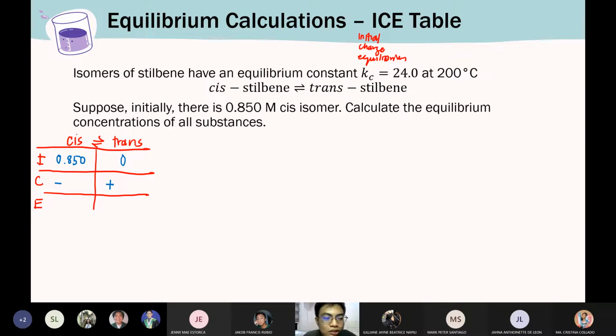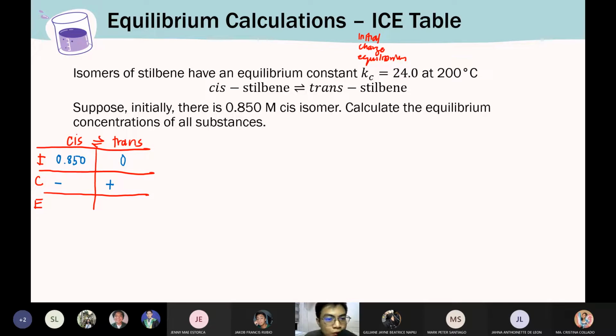Now we know the direction of the reaction is to the product side. The big question is, by how much will they change? Gaano karami mababawas? Gaano karami madadagdag? So, ano sagot natin? O, yun yung sinabi ko earlier.